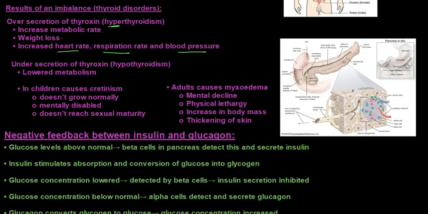When there's an undersecretion of thyroxine, you'll have hypothyroidism, which means you'll have a lowered metabolism. Generally, when people have trouble with weight, we'll look at this in adults, specifically this point over here: a lowered metabolism will cause an increase in body mass.